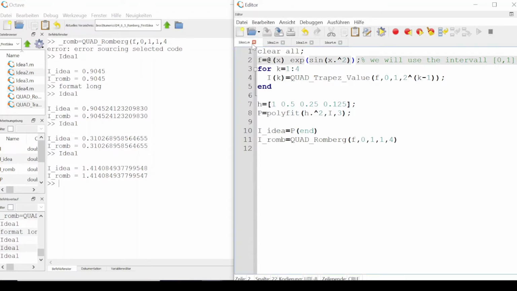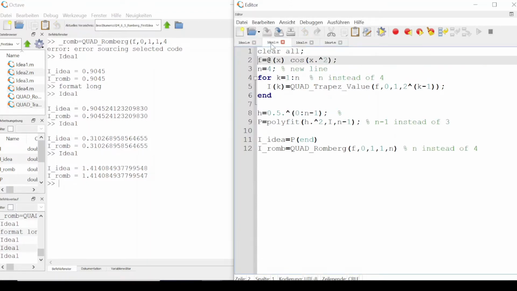Okay, this is very convincing, I think, but to be more convincing, I insert it here: n is 4, and so we can check if it's only true for n is 4, or if it's also true for different n. Then we have to modify here. We don't run from 1 to 4, but now we run from 1 to n. The polynomial we are using to interpolate the values should be not of degree 3, but of degree n minus 1.